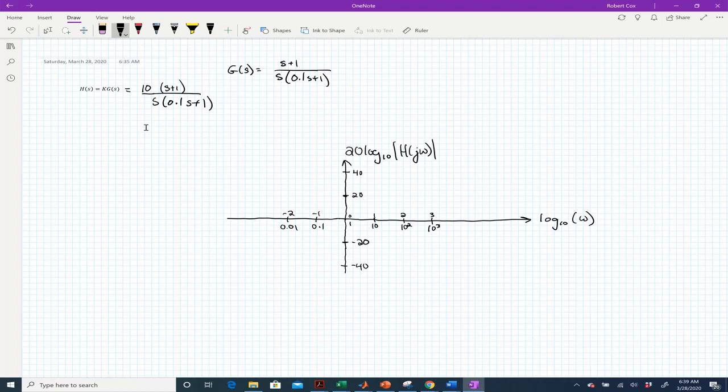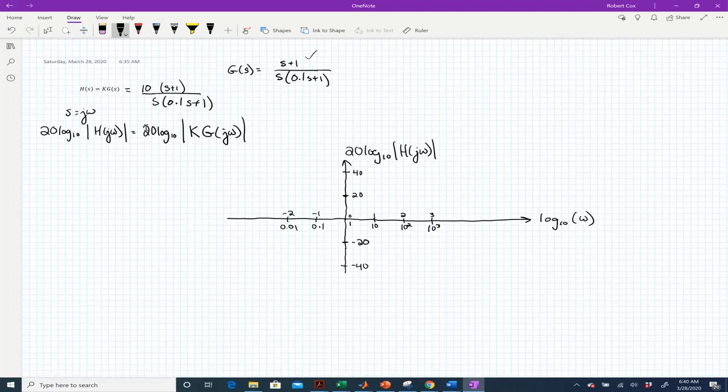So if I let s equal j omega and take 20 log 10 of the magnitude of H(j omega), that would be 20 log 10 of the magnitude of K times G(j omega). G(s) could be anything; in my example, I'm saying it's this.